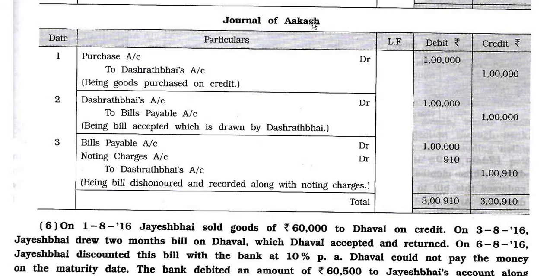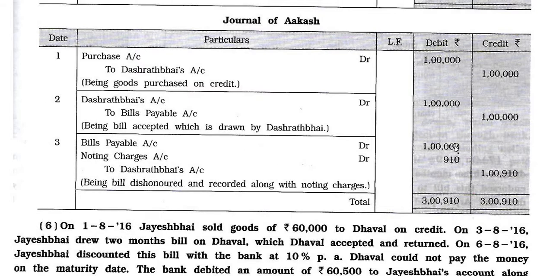So for Akash it is a bills payable, and bills payable is always credit. Bills receivable is always debit and bills payable is always credit, because it is a liability and bills receivable is an asset.